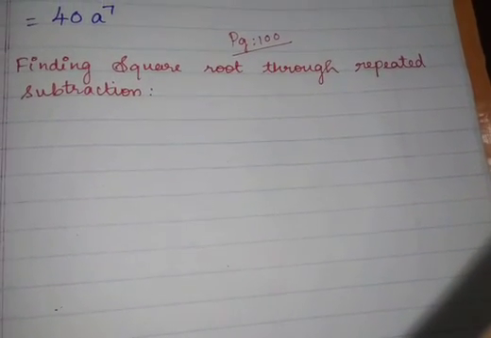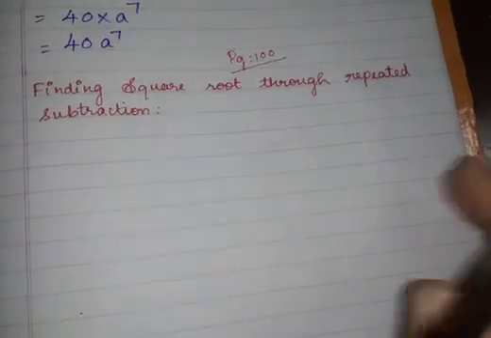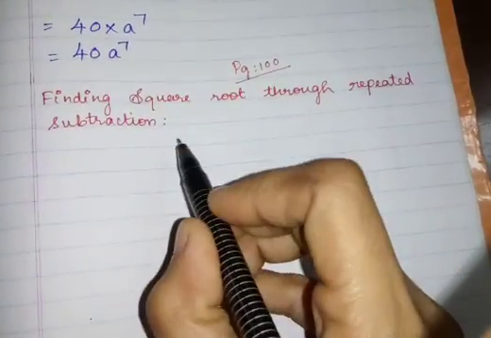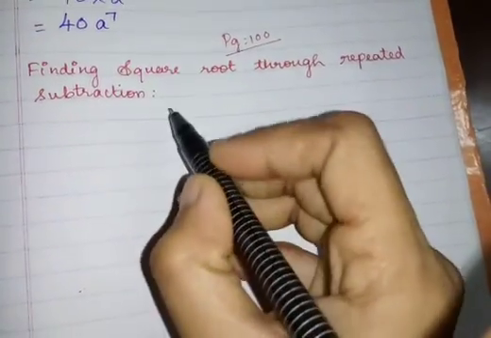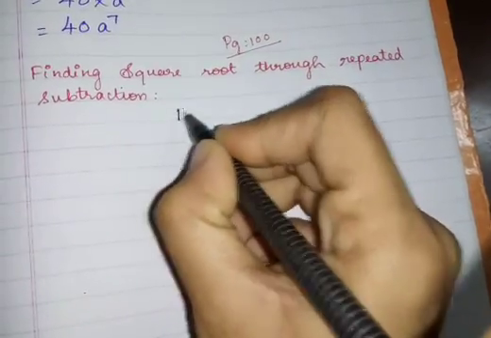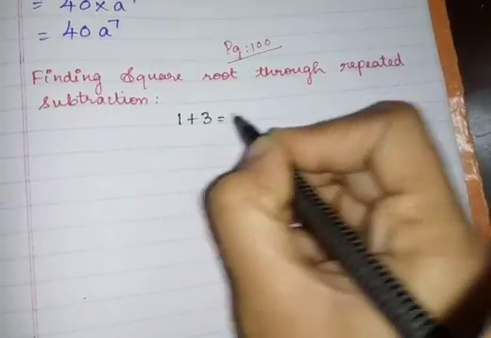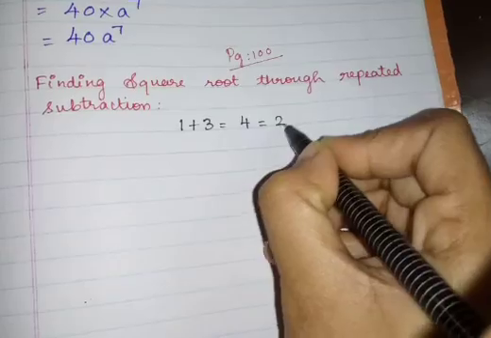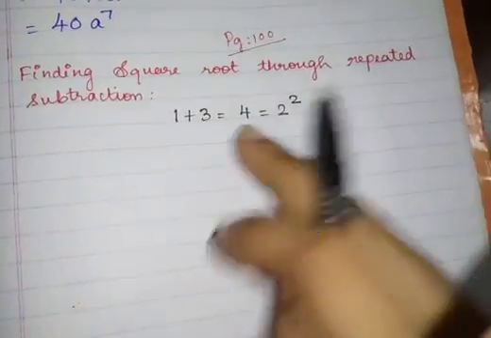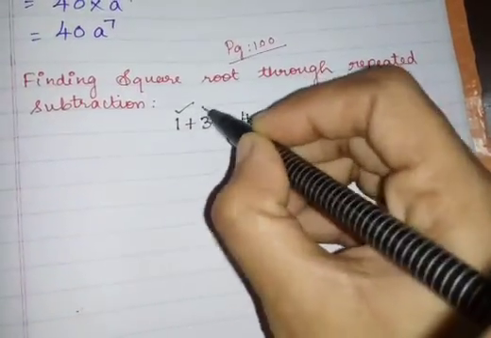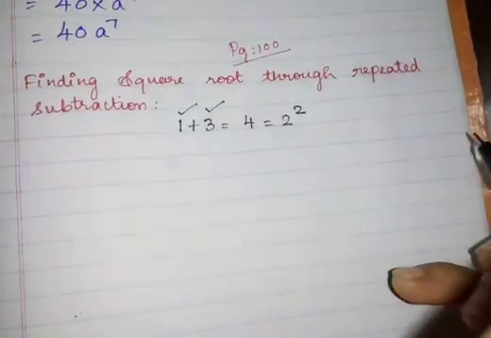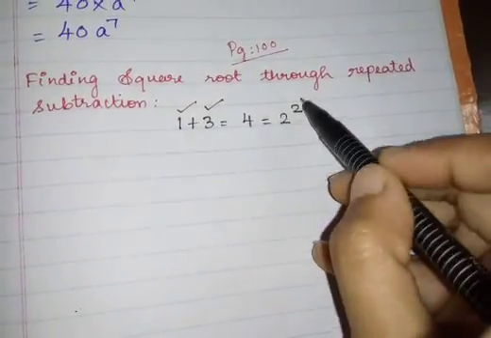You know that when you add odd numbers you will get a square. Do you remember? 1 plus 3 is 4, which is equal to 2 square. When I add the first two odd numbers I get 2 square.